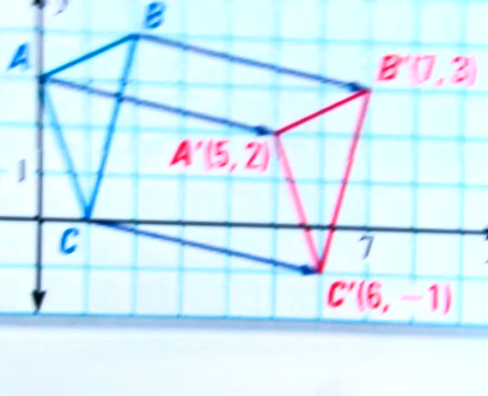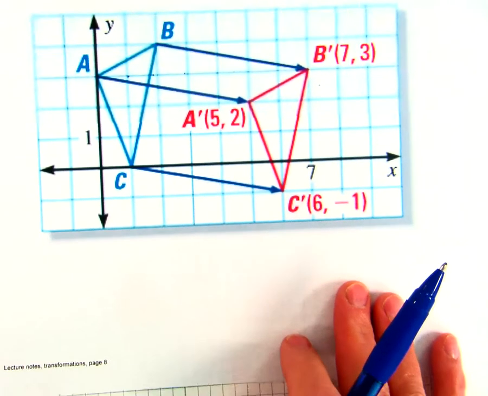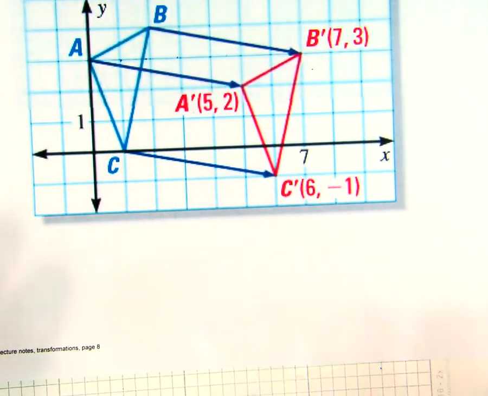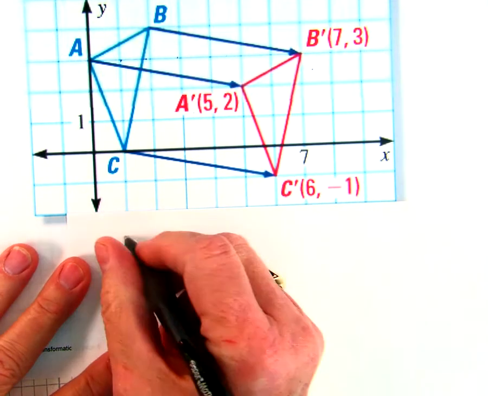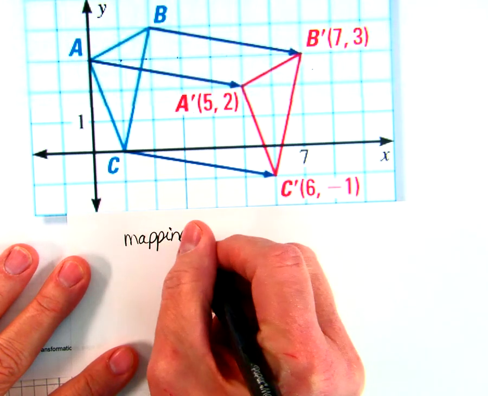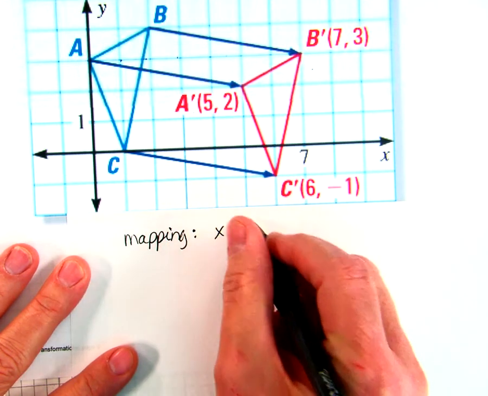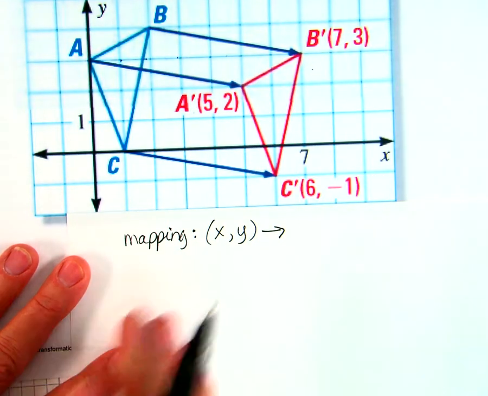Okay, here's an example of some of the ways that we can talk about a figure. This one is on the axes, so we can use the mapping terminology. We can look at the mapping of x, y goes to, well, let's choose the same corresponding point.